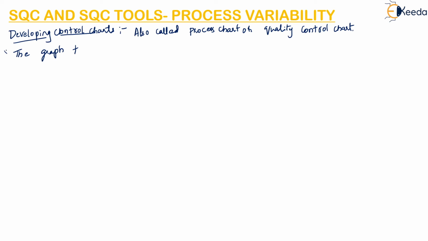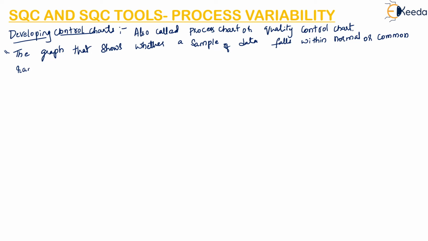So we can define a control chart as a graph that shows whether a sample of data falls within the normal or common range of variation.